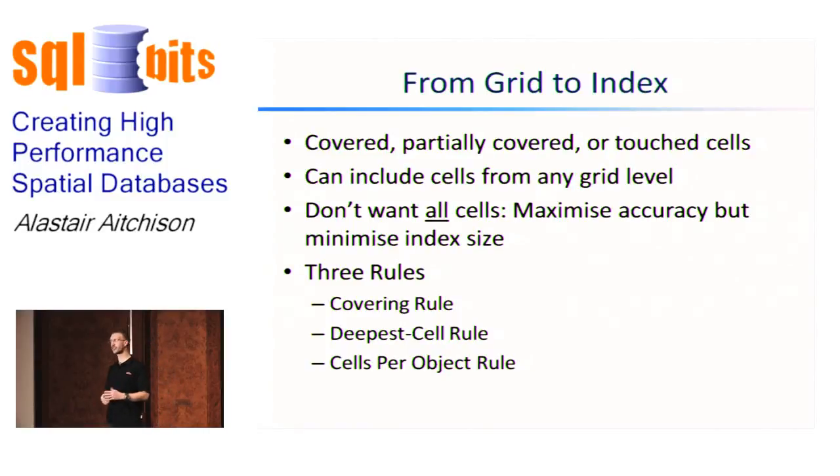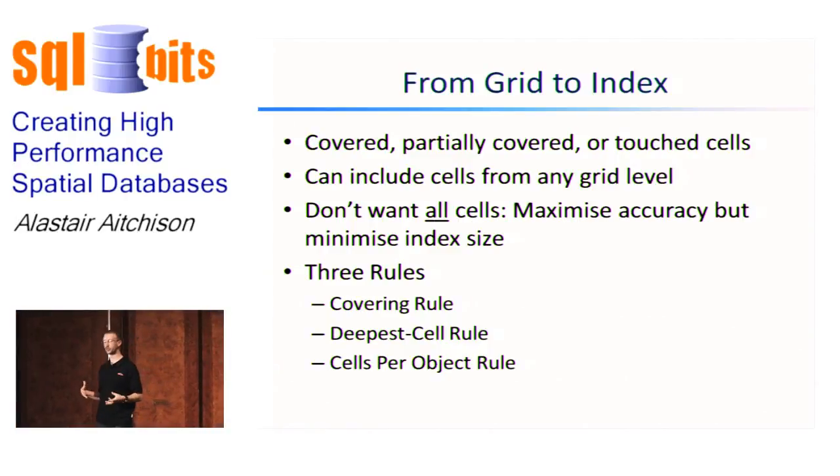Okay? What we want our index to do is contain this approximation of our geometry, and we want that approximation to be as good as possible so that our primary filter is efficient. But we also don't want our index to be too large, because then it will take too long to query and it will defeat the point of having the index in the first place.